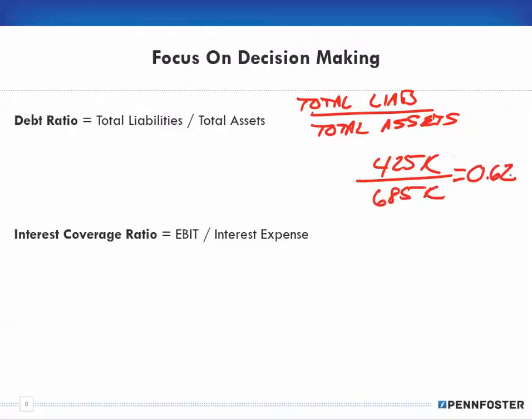So we have a positive number, right? That positive number is good. Obviously if I went out of business and had to liquidate my assets to pay off my liabilities, I would actually have money left over, and that would be the net worth in the business. So having a positive number is important versus a negative number.